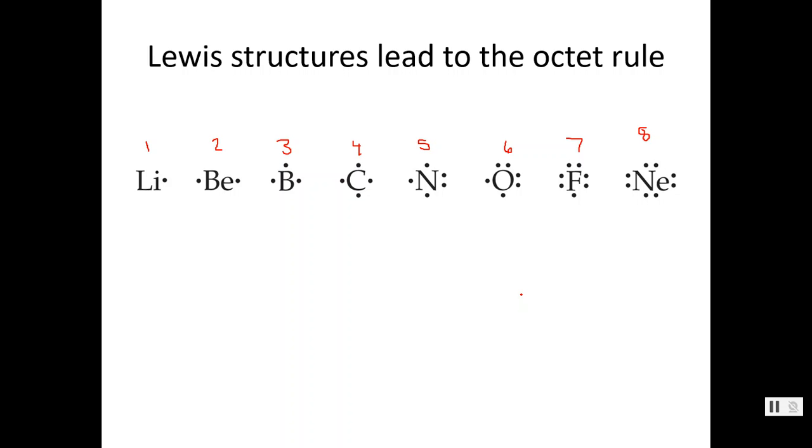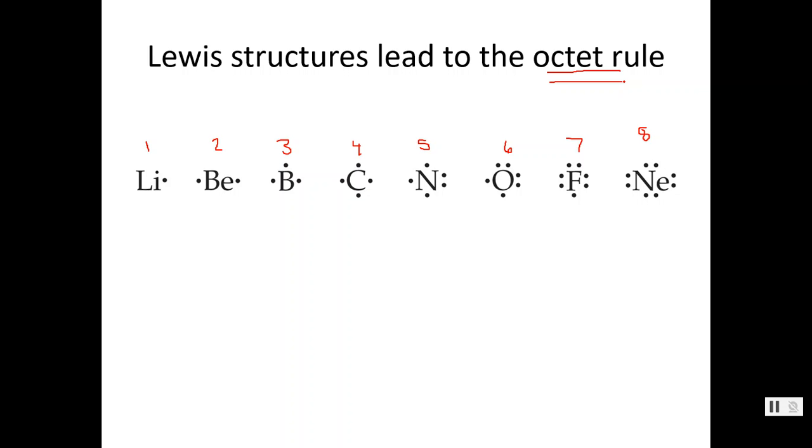One more important point about this slide is this new rule called the Octet Rule. If you remember when we talked about properties of atoms, we said that those noble gases, those elements that are in group 8, are very stable and very unreactive.